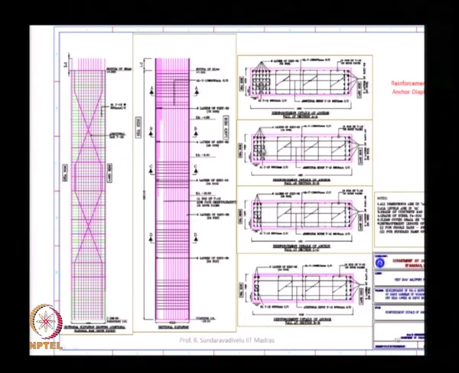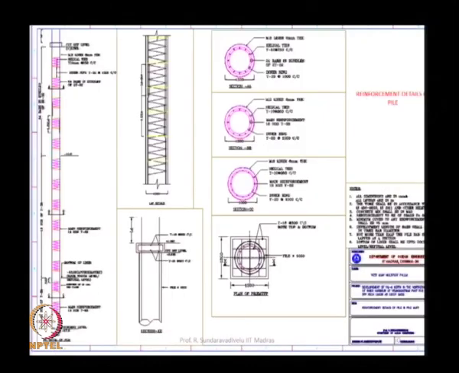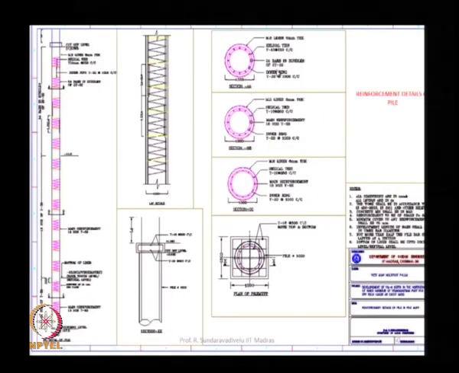As we are going down, we are reducing the number of reinforcement bars. When you go here your bending is on this side only. So, reinforcement is given where the tension is there, because concrete is weak in tension. This is for the pile also, as you go down the reinforcement is reduced.